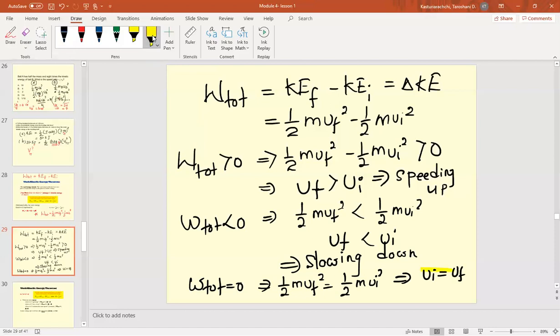If vi equals vf, this is moving with constant velocity. Your velocity is not changing, right? So that means your object moves with constant velocity. See how qualitatively how many things I can take from here.